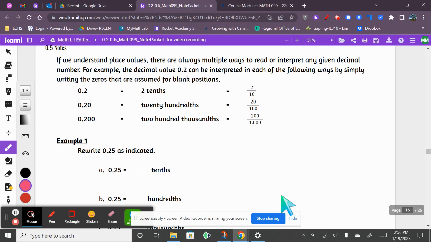So if we think of this in the tenths place, this is 2/10, or 2 over 10. If we think of this as 0.20, then we can think of it as 20 hundredths, or 20 over 100. And if we think of this as 0.200, then we can think of this as 200 thousandths, or 200 over 1,000.